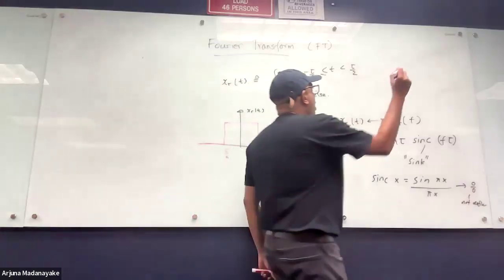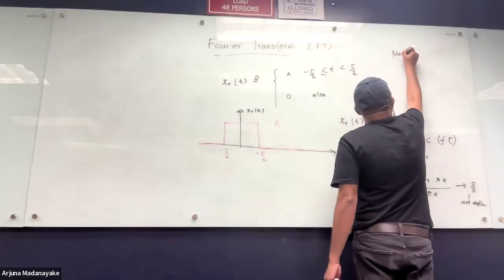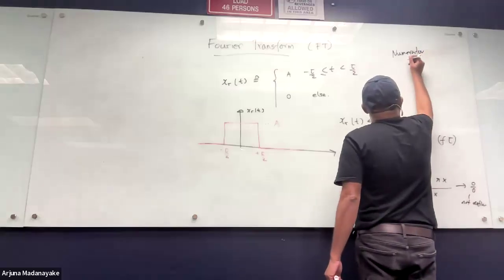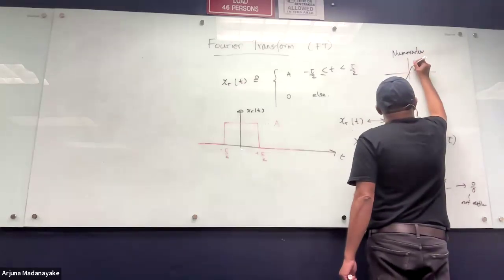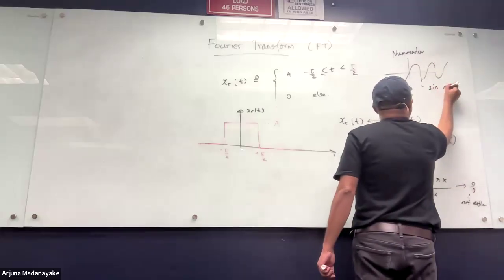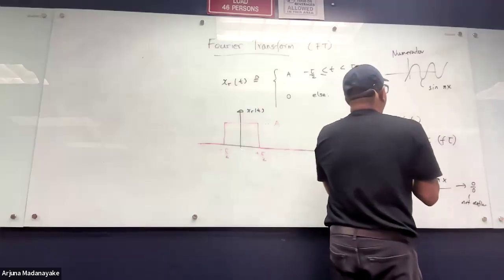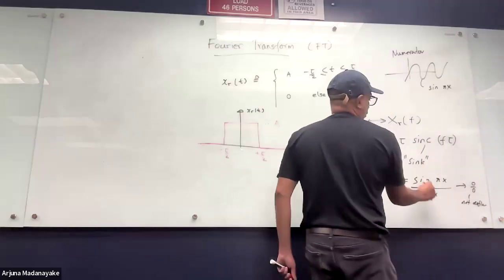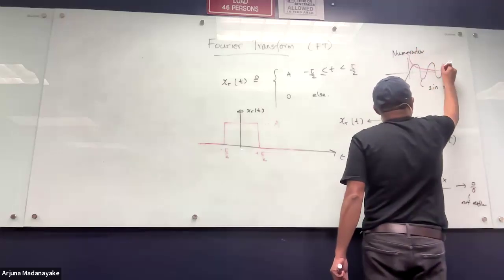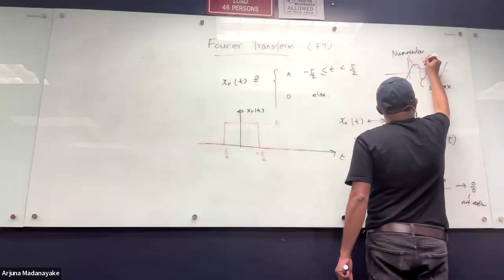So we have one function on top, the numerator, which is a sine function. So this is sine pi x. And the denominator, 1 over pi x, goes to infinity, but it goes that way.